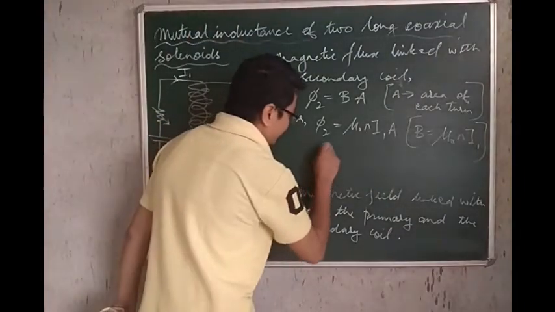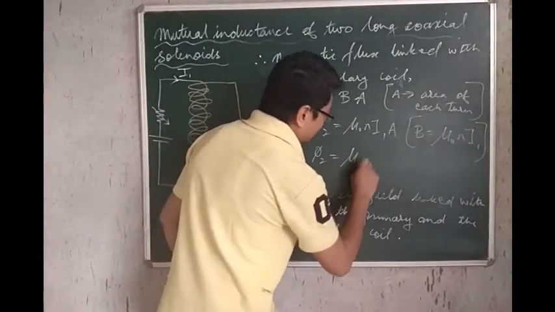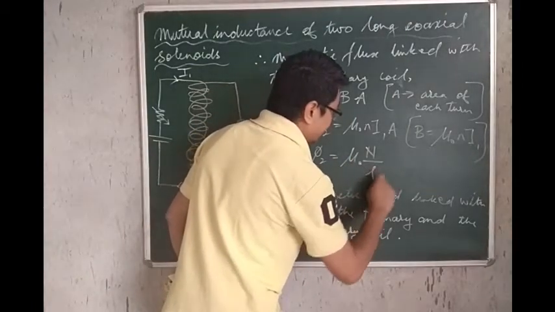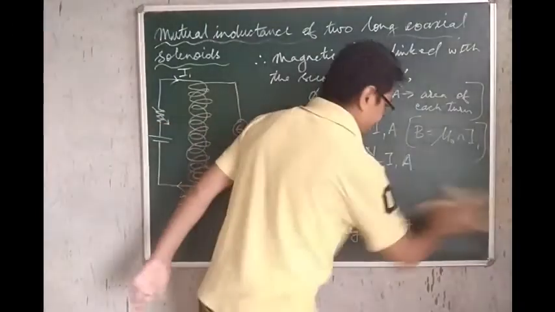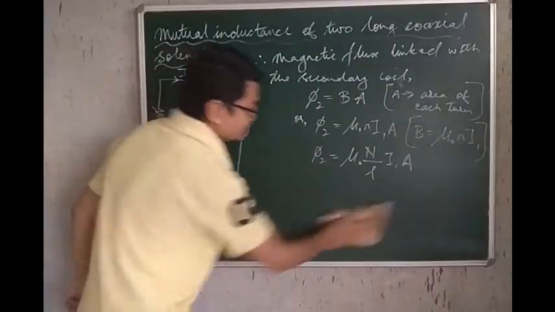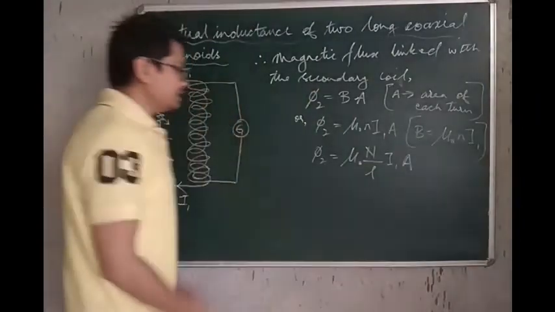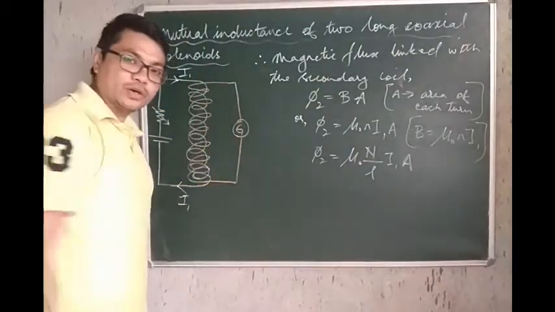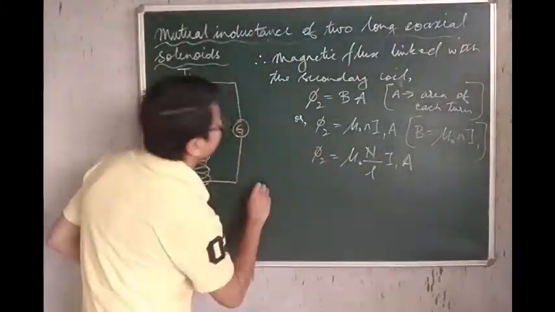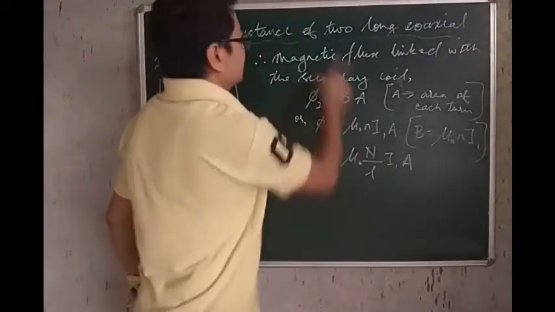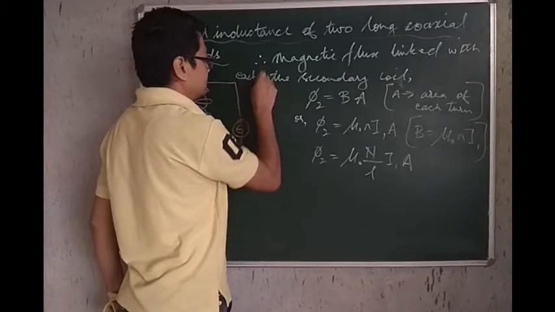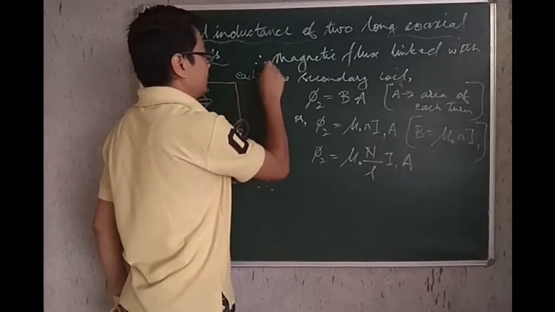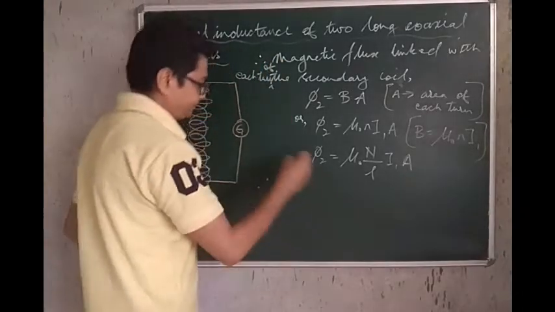So therefore, phi 2 can be written as mu naught N upon L I1 into A. So this is the magnetic flux linked with each turn of the secondary, each turn of the secondary coil.